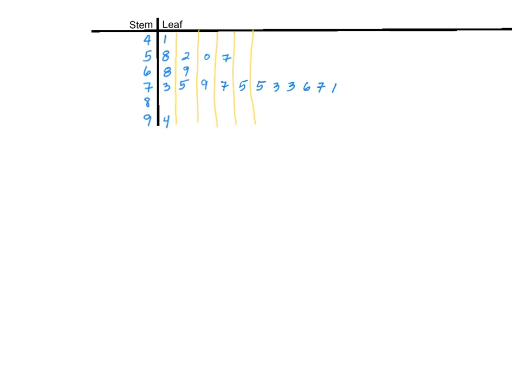And then the 80s would be the 87, 83, 89, 89, 81. 90s, I have 94, 96, 99, 97, and 95. And that's our stem and leaf plot.